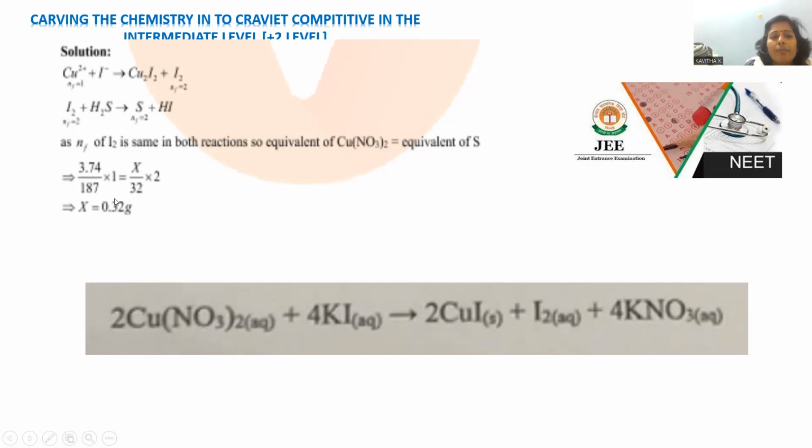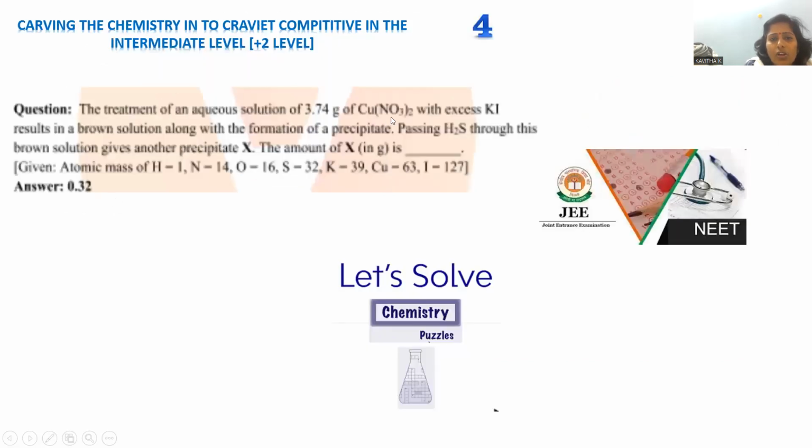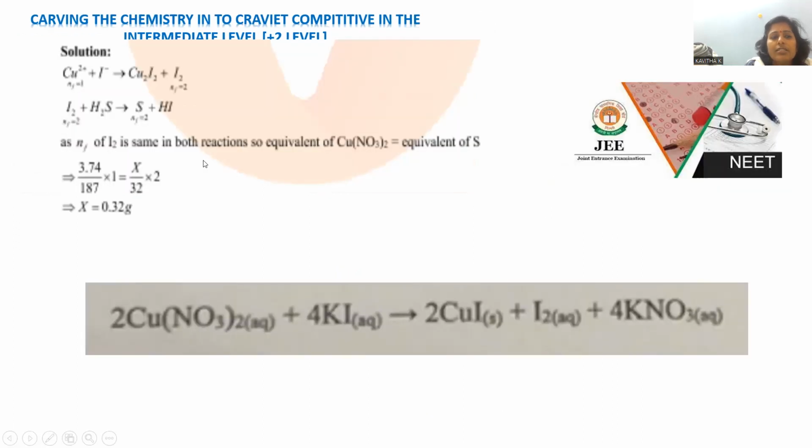The molecular weight of copper nitrate is to be calculated by adding 63. Nitrogen is given with 14, taken twice, and oxygens are 6. 6 oxygens are taken. If you add all these, you will get the molecular weight of copper nitrate as 187, and X to be depicted will be elemental sulfur that will be formed.